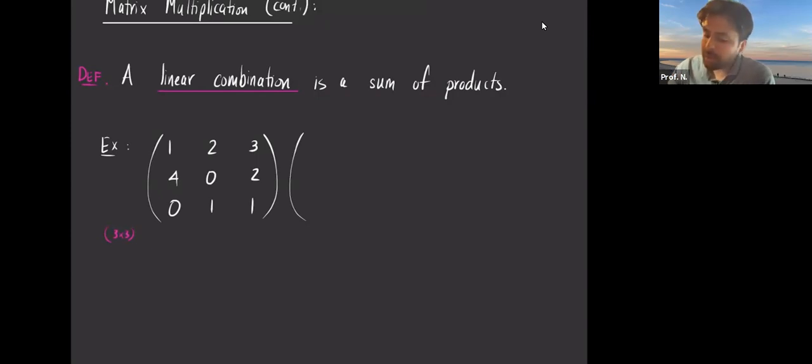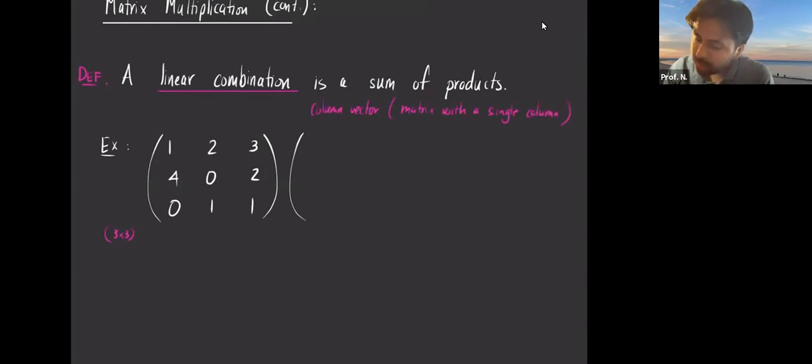A column vector is a matrix that has one column and multiple rows. So this is called a column vector, which is just, again, a matrix with a single column.